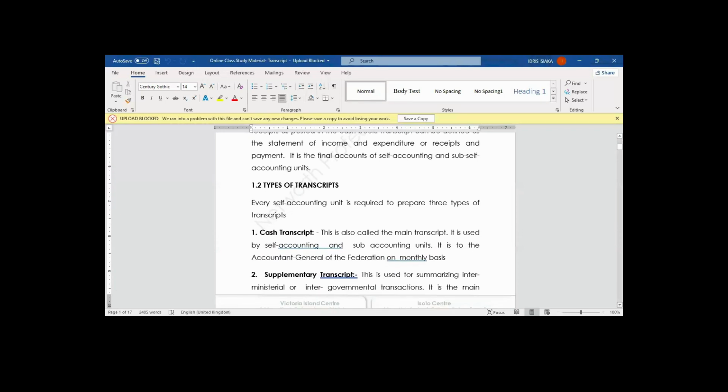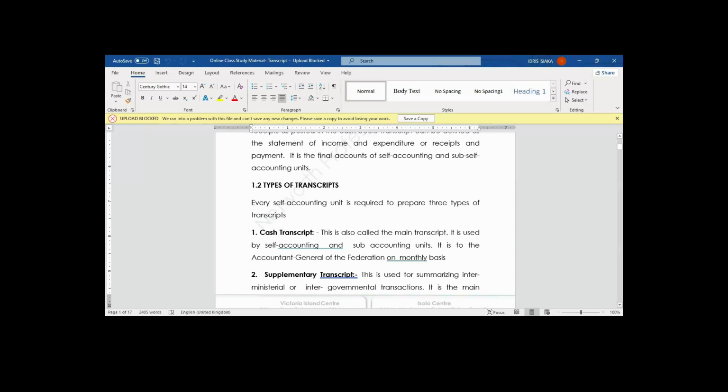Types of transcript. Number one, cash transcript. What is cash transcript? Cash transcript is otherwise called main transcript.